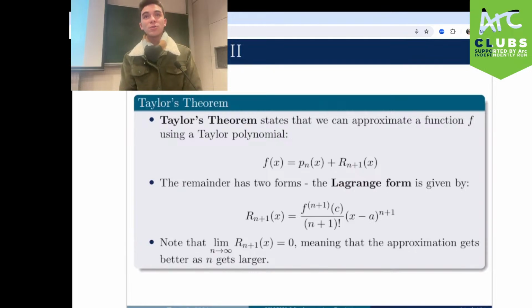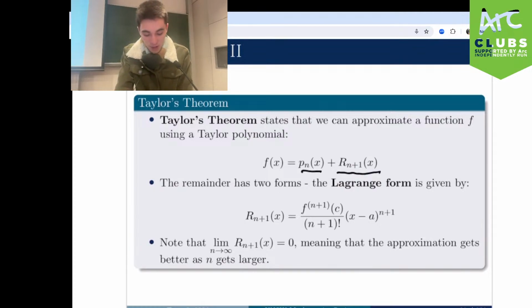So we should be interested in how far the Taylor series deviates from the function that it's trying to approximate. And this is where Taylor's theorem comes in. It states that we can approximate a function f using a Taylor polynomial, just up to n, and that the remainder, the difference between the function and the Taylor polynomial, can be written as this term R subscript n+1 of x.